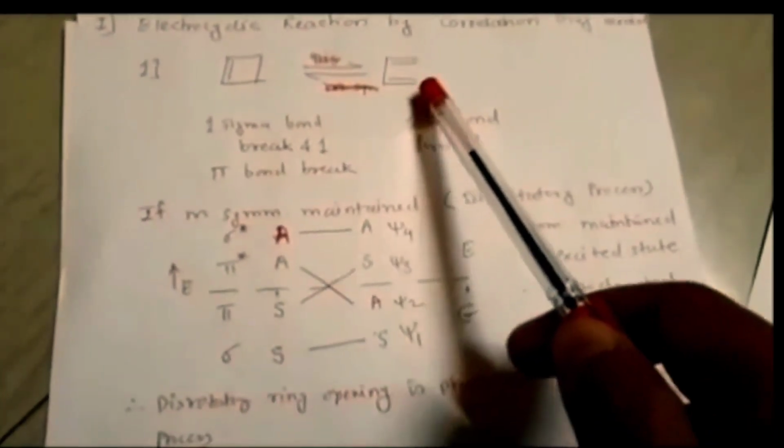Now see here, one sigma bond means sigma bonding and sigma anti-bonding, one pi bond means pi bonding and pi star anti-bonding, whereas here there is formation of 2 pi bonds, that means psi1, psi2, 2 bonding molecular orbitals, and psi3, psi4, 2 anti-bonding molecular orbitals. Below this dashed line is the ground state and above it is the excited state.